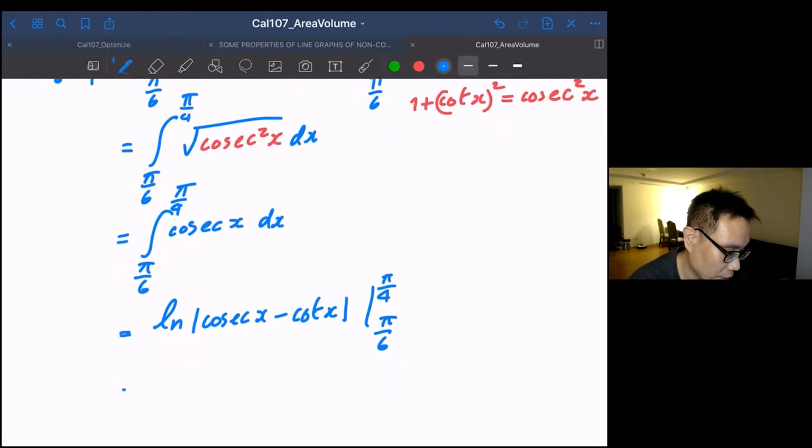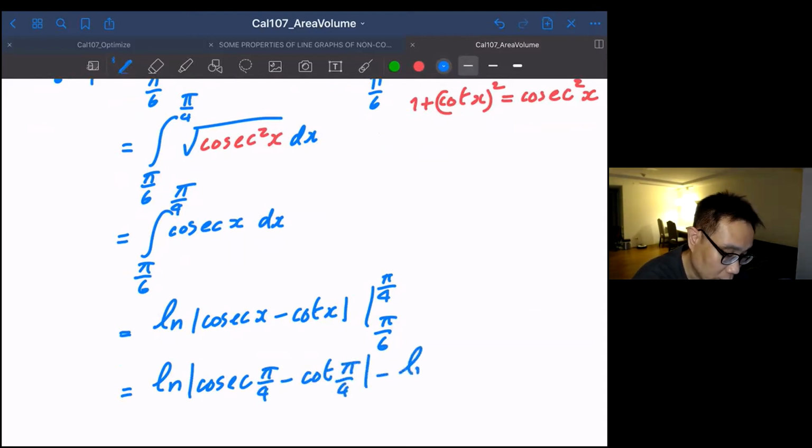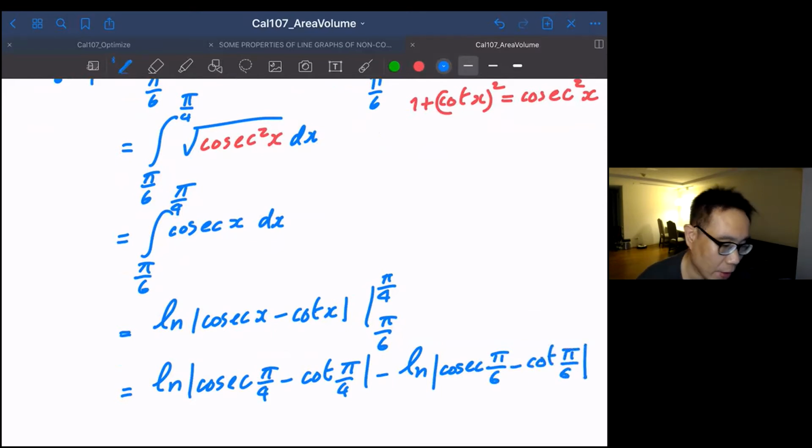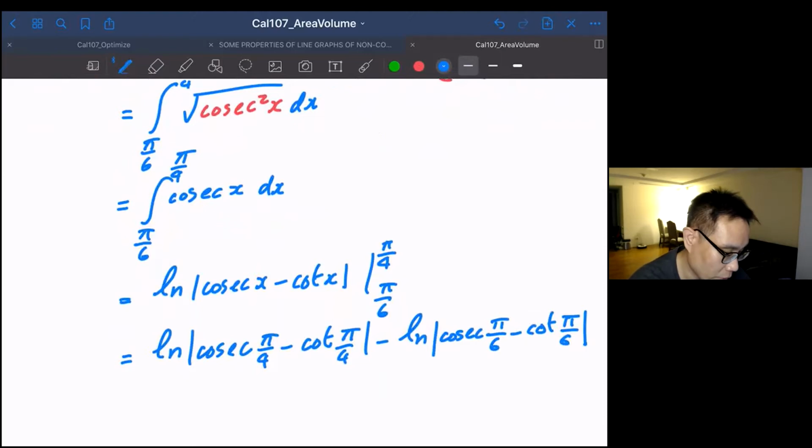And you're just going to plug in the values. So it's going to be log absolute cosec pi/4 minus cot pi/4, minus log absolute cosec pi/6 minus cot pi/6. Cosec pi/4 is cosec of 45 degrees, so it's square root 2.